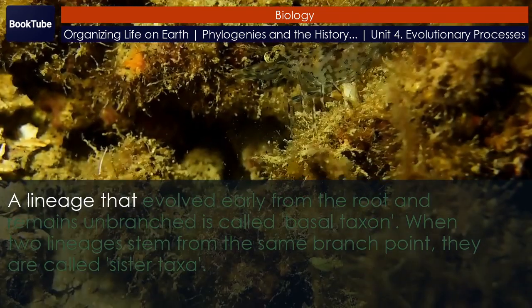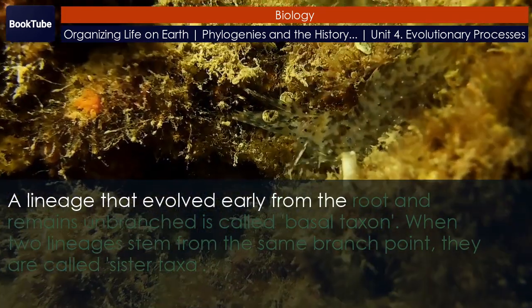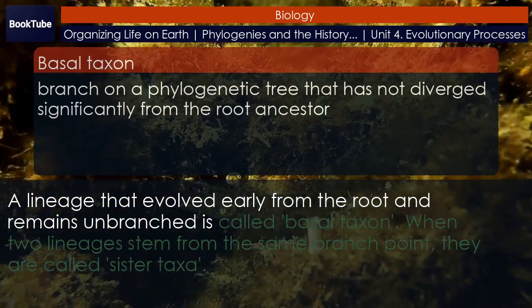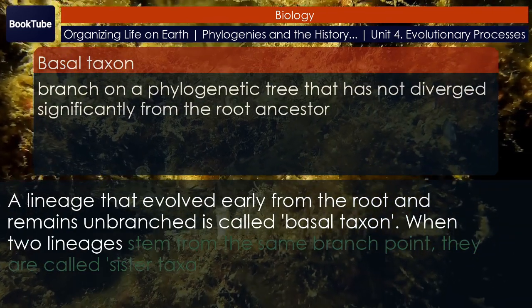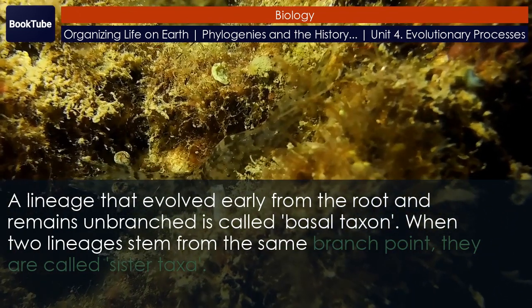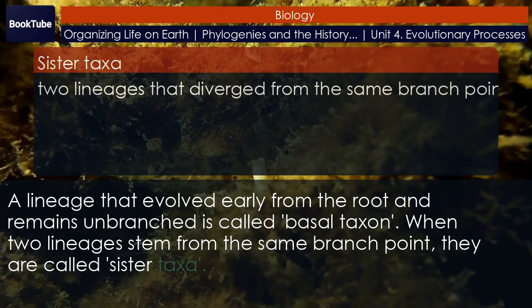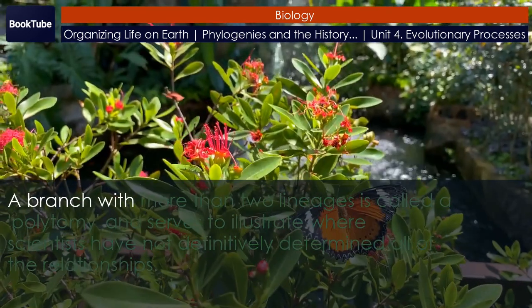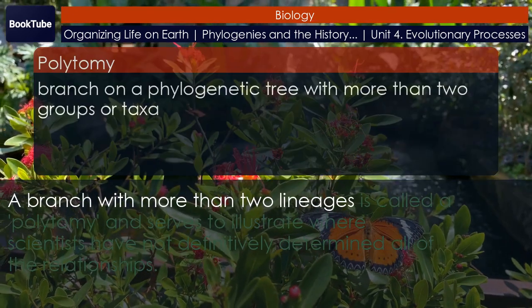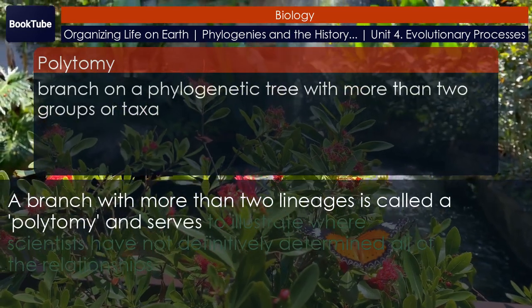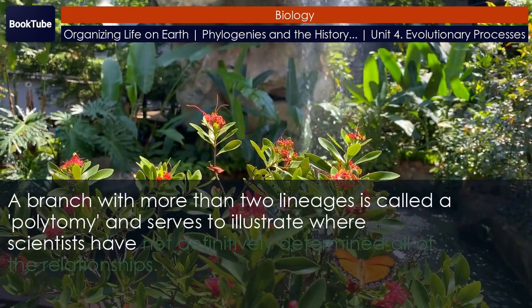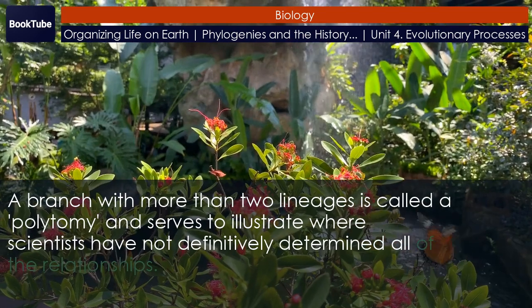A lineage that evolved early from the root and remains unbranched is called a basal taxon. When two lineages stem from the same branch point, they are called sister taxa. A branch with more than two lineages is called a polytomy, and serves to illustrate where scientists have not definitively determined all of the relationships.